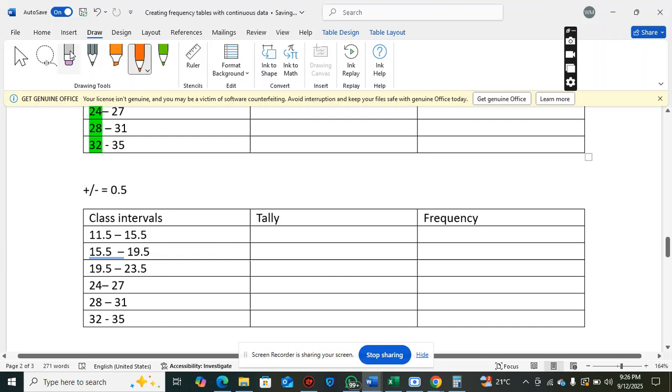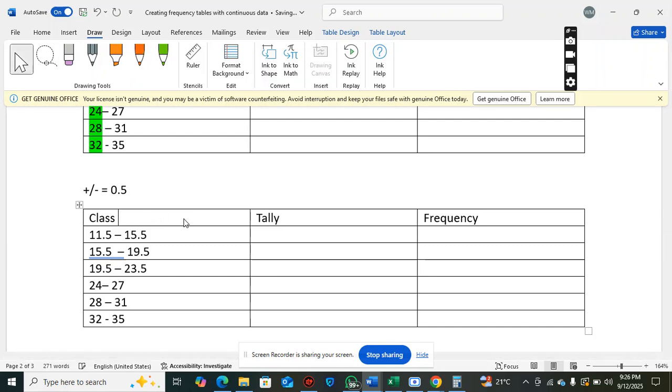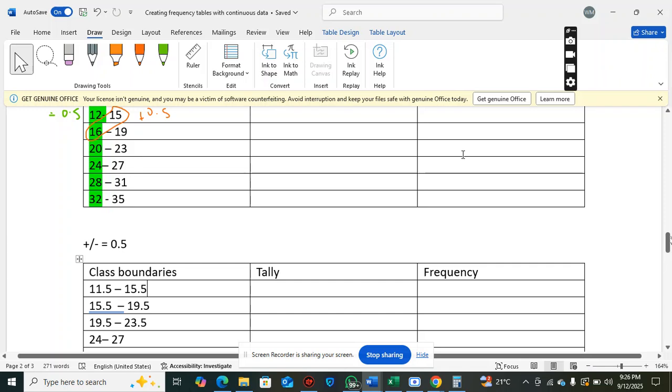These are our class boundaries here now. Okay. When you subtract 12 minus 0.5, you get 11.5. 15 plus 0.5, 15.5.